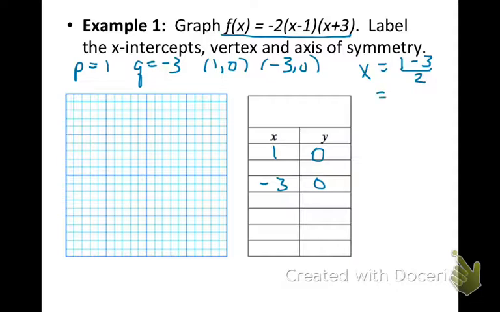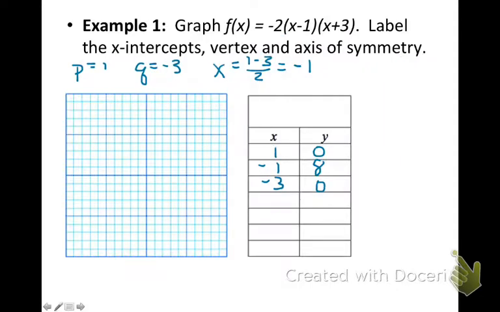So that will give me -2 divided by 2, which is -1. If I plug -1 into my function, I will get 8. So now I have 3 points, and I can go ahead and graph my parabola using those 3 points.